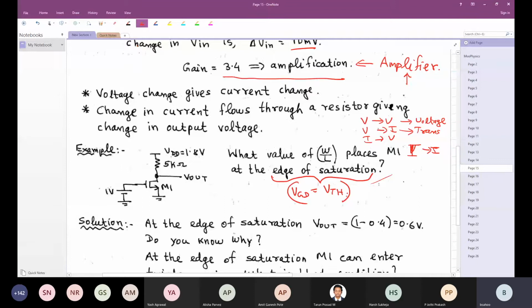That's the definition we said. So that means this voltage is 1. So this voltage is going to be this minus 0.4. So this is how much? 0.6, right?